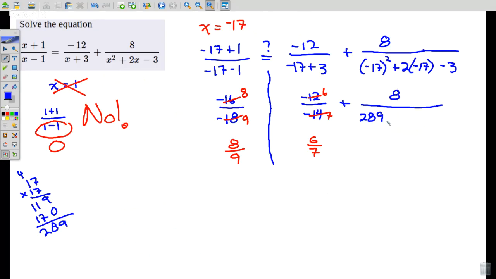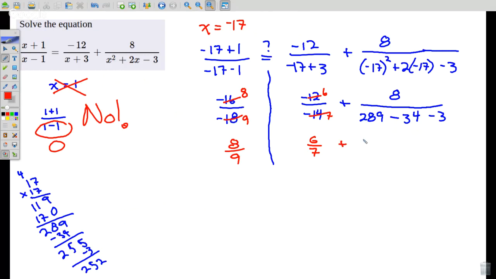And positive times a negative is a negative. 17 times 2 is 34. So that's going to be a minus 34. 289 minus 34 is 255, and then minus 3 gives me 252. All right.